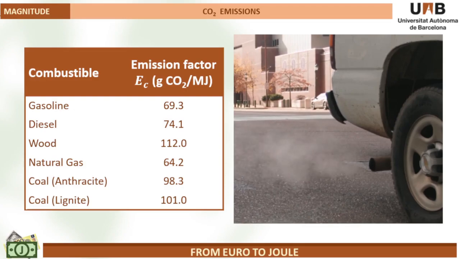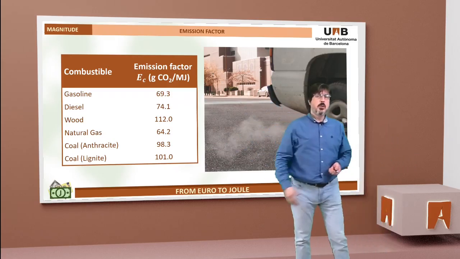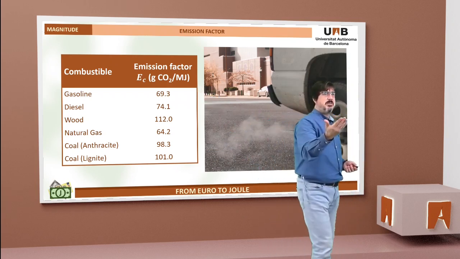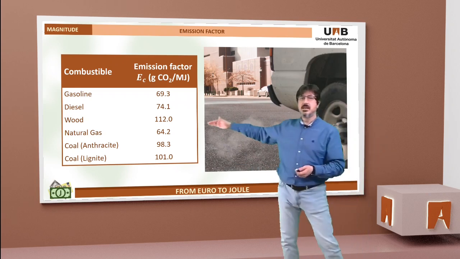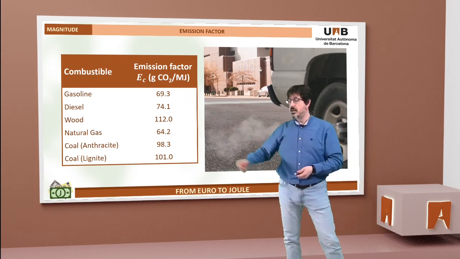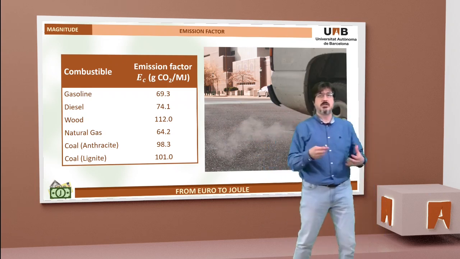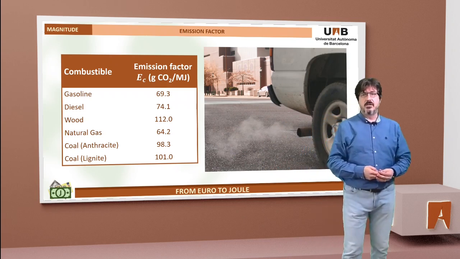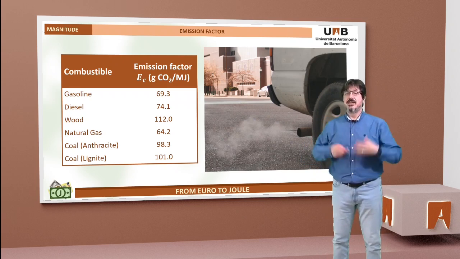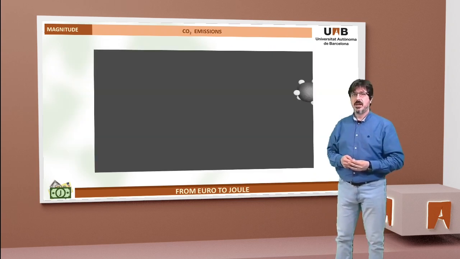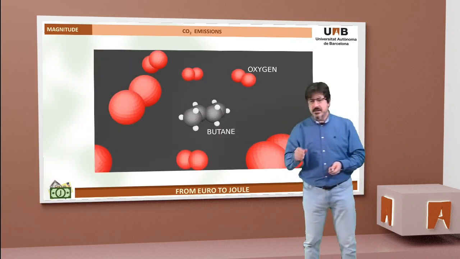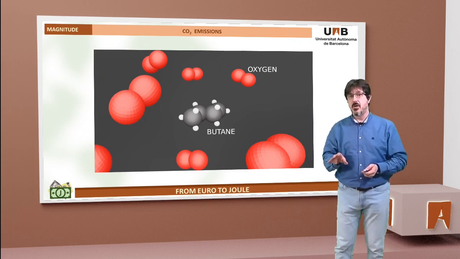And if we compare the different fuels once again, we see that in the case of gasoline, the amount of carbon dioxide that we emit is lower, for example, than wood or coal. Coal is a kind of combustible that emits a lot of carbon dioxide, while gasoline is not so high. Let's look for the reason. We studied in the previous example the case of methane, the simplest of the molecules.